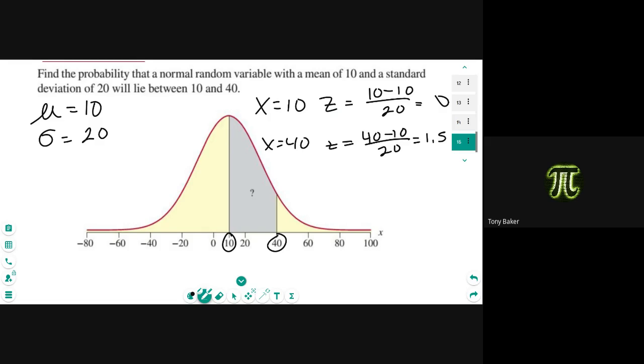When you do the calculation for z, you're always going to round to 2 decimal places because that's all your table has.